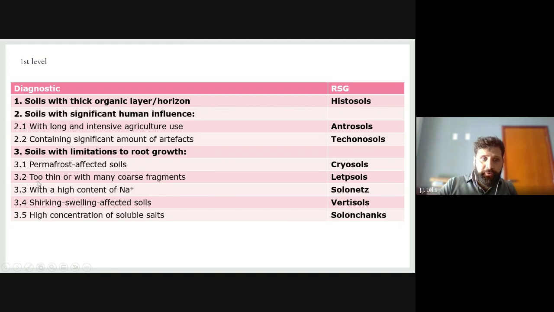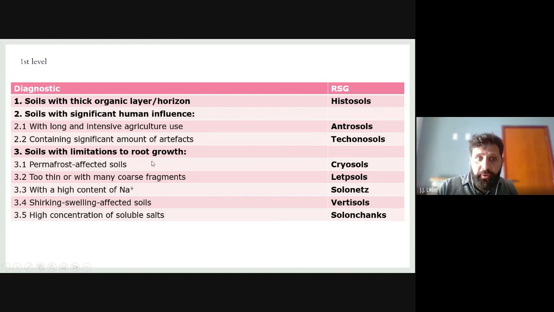And those soils that are affected by permafrost, if they are all year, or at least two consecutive years, under 0 Celsius degrees, if they are in very low temperatures and present the permafrost, a layer with temperatures below 0 Celsius degrees, they are called cryosols.